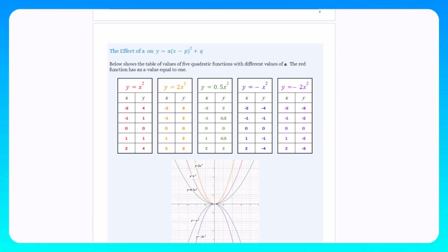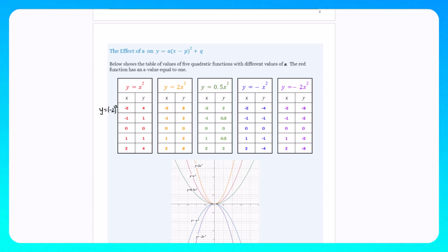And all I'm doing is taking the x value, plugging it in, just like that, to get the y. So the input is x, the output is y. And I've done that for these 5 functions.